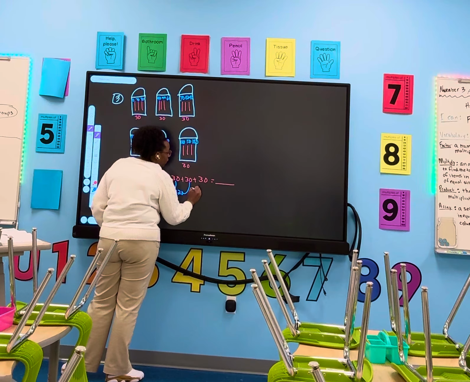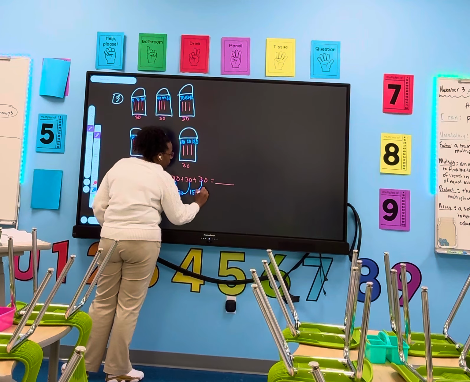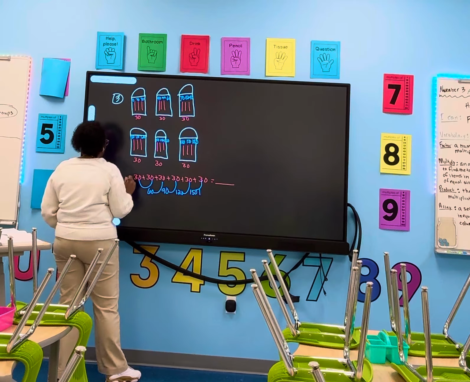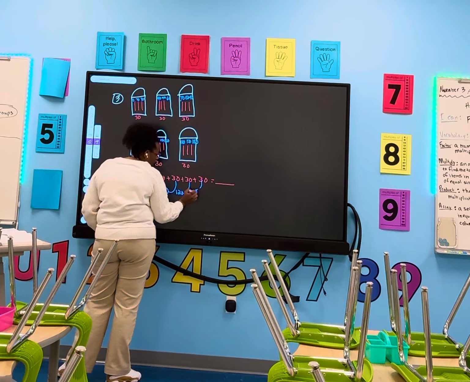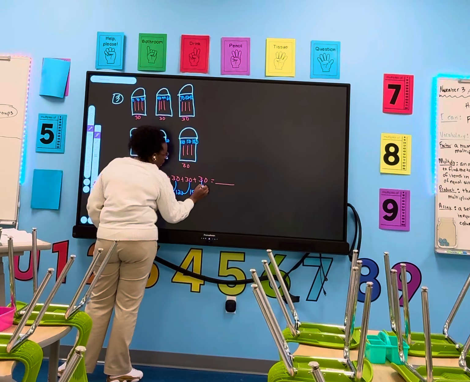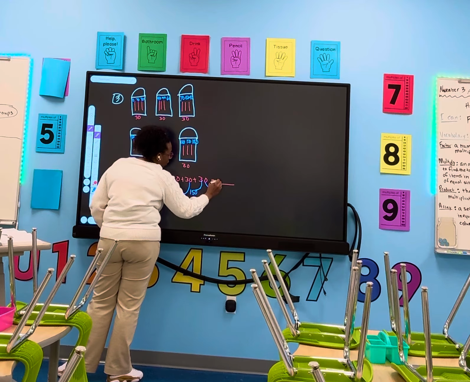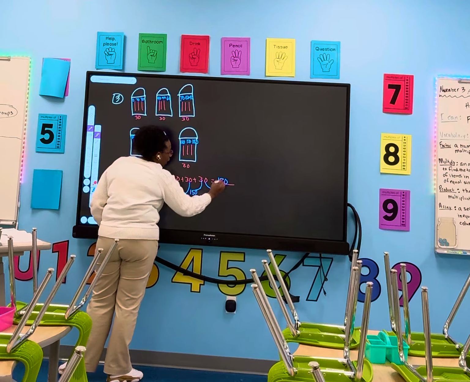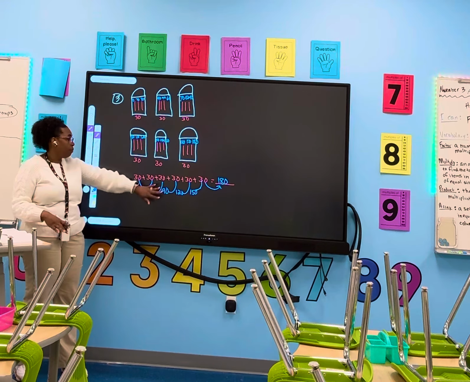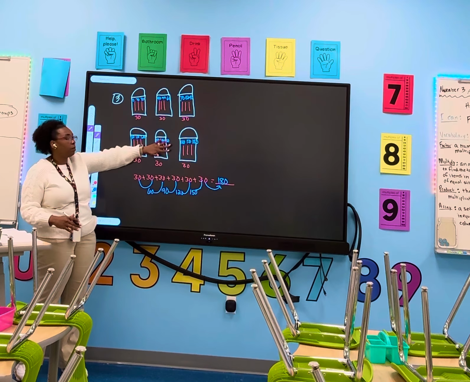And 150 plus this 30 is going to give you 180. Let me erase that so it'll look a little better, okay? Okay, so that will give you a final answer of 180. So so far our math matches our skip count.